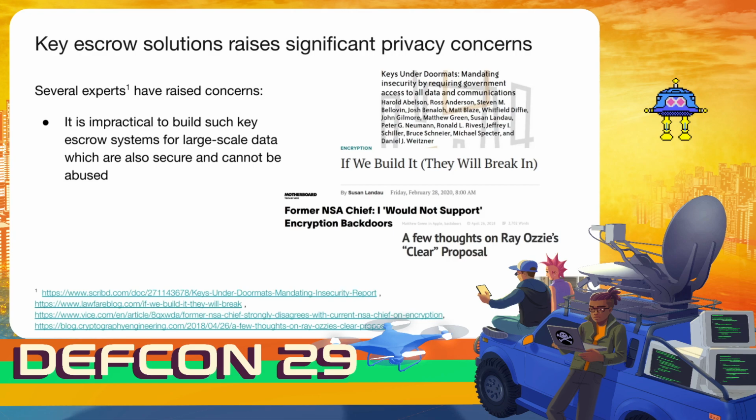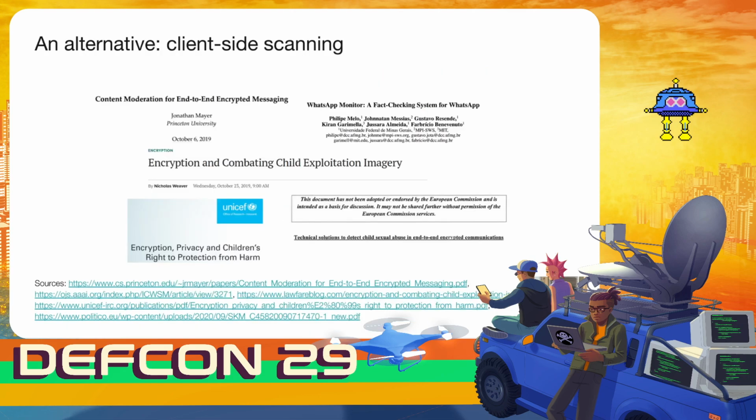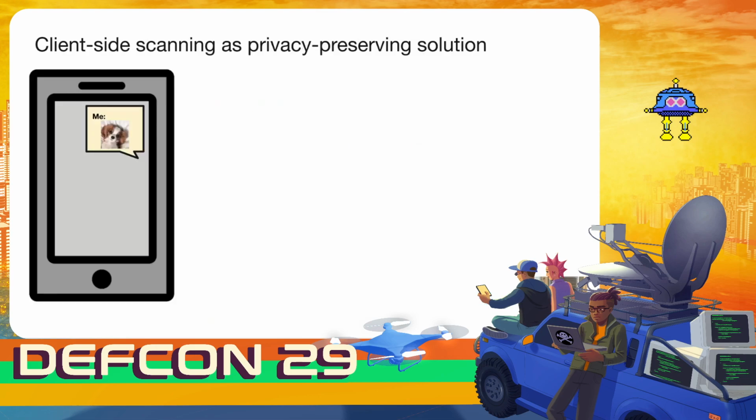So, the other solution that has been proposed in the last couple of years is client-side scanning. Several researchers and policymakers have proposed client-side scanning as a privacy-preserving solution to detect illegal content. The way this proposed system would work is, if I want to send a message, before it is sent, there will be a digital fingerprinting algorithm in my app which will convert this message or this photo into a fingerprint.